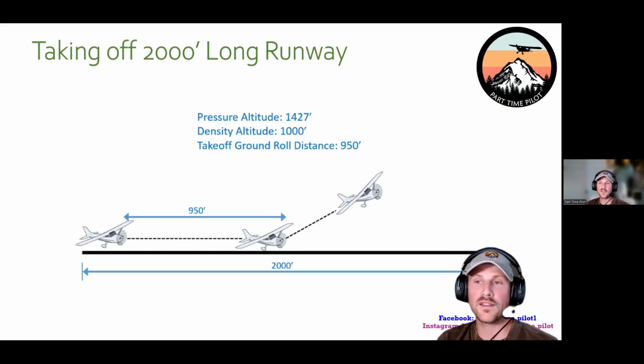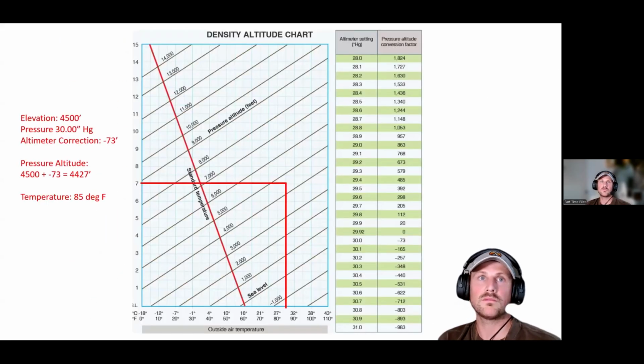So these are all considerations you have to think about with elevation, pressure, temperature, and humidity, especially if you're taking off from short runways, landing on short runways, or having to climb over obstacles, all because of density altitude.